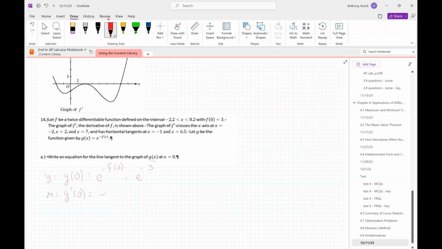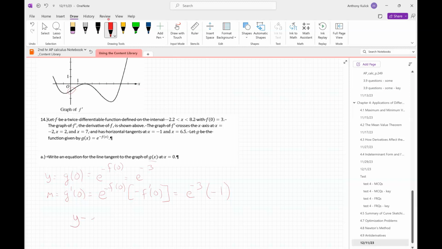g prime would be e to the negative f of x times negative f prime of x. So when I plug that in, f prime of 0 is negative 1.